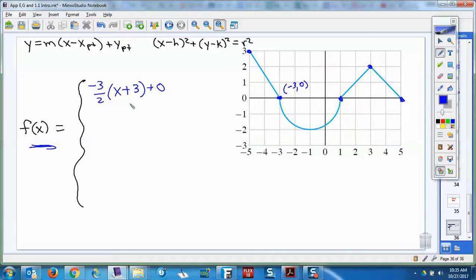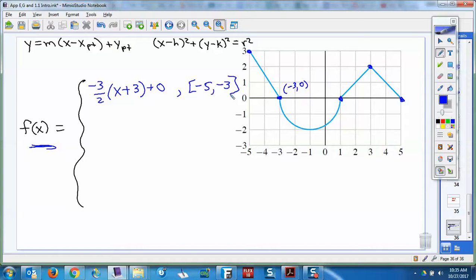So I just picked a point, plugged it in there, and got my slope. Now I'm going to put a comma, and then say that goes from -5 to -3. That's how we do a piecewise function. We just write the equation of each piece, and then over here we write down what the domain is for just that piece, the x values.